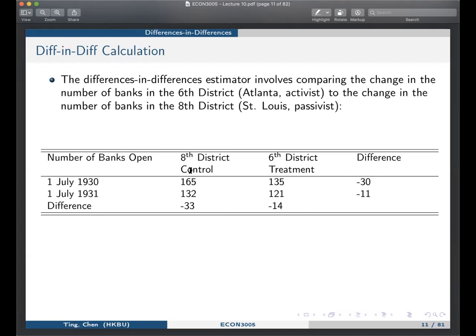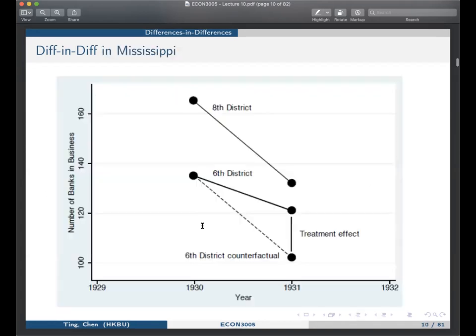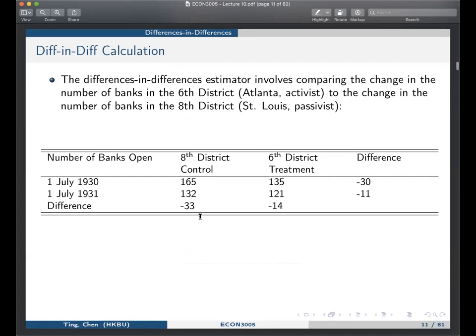We utilize the control group here not as a direct comparison, but, as this graph shows, to derive the counterfactual outcome of the 6th district. So the counterfactual outcome is that. This is the pre-treatment control group, this is the post-treatment control group, right? So in the vertical line, the difference between this point and this point will be minus 33, right?